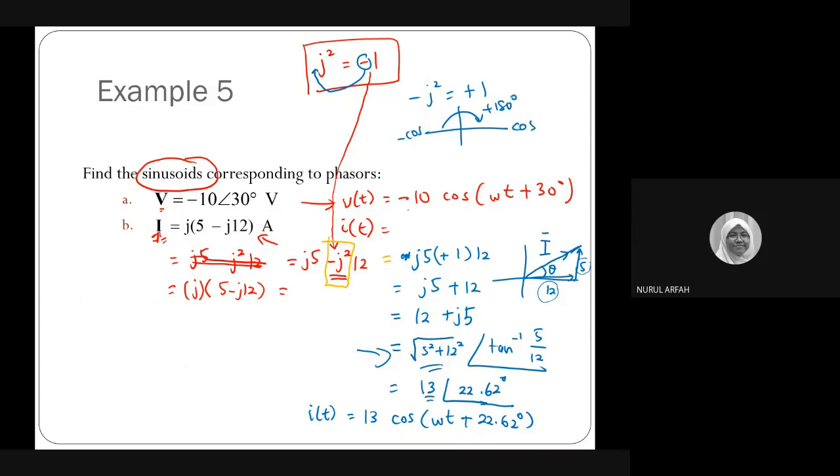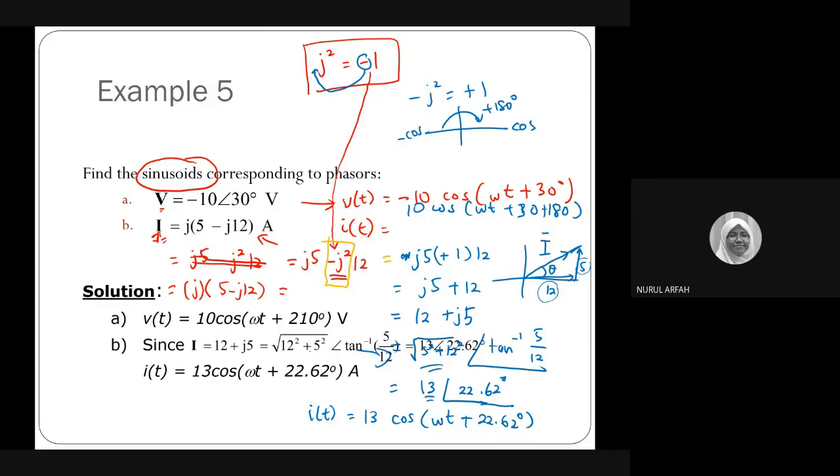Then this one becomes 10 cosine WT plus 30. If you give me both answers, I accept. No problem. 30 plus 180, 210, right? Okay. Answer, yeah, they give it in terms of cos. Because throughout your study, you're going to use it in terms of cosine. Okay. Saya lupa ini. Thank you.